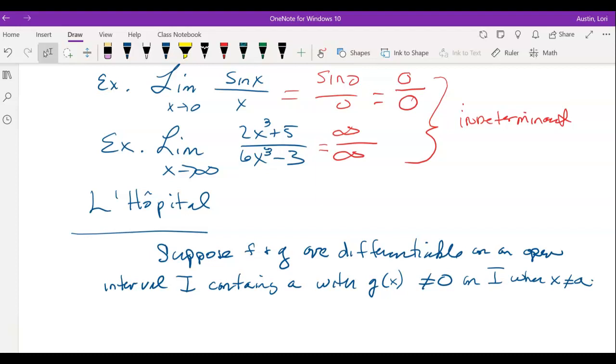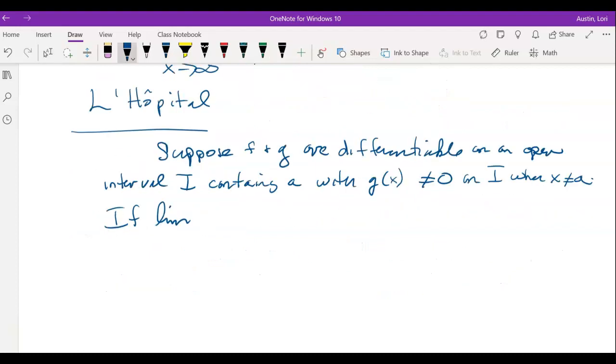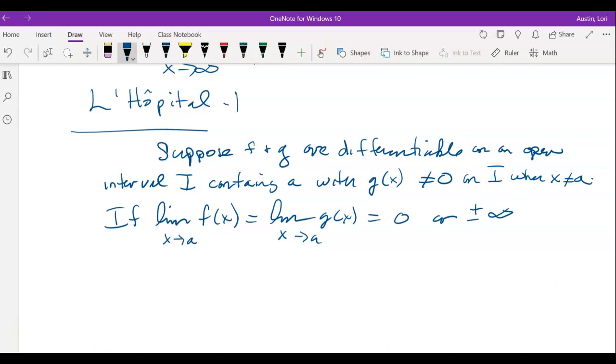So if the limit as x approaches a of f of x equals the limit as x approaches a of g of x, and they both equal 0, or, again, I'm combining two theorems, theorem 4.12 and 4.13, or they both equal plus or minus infinity.